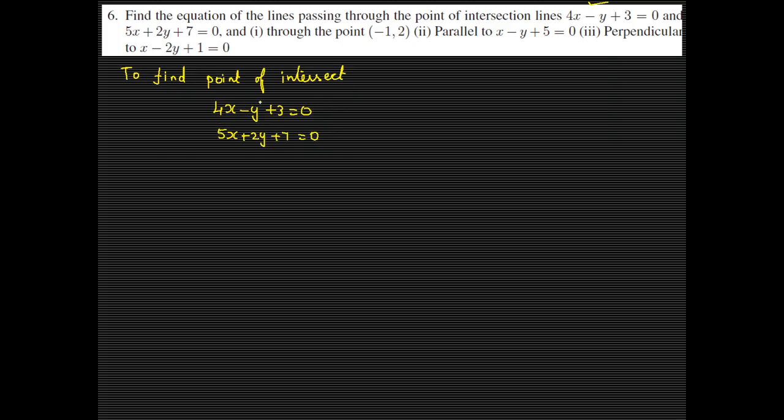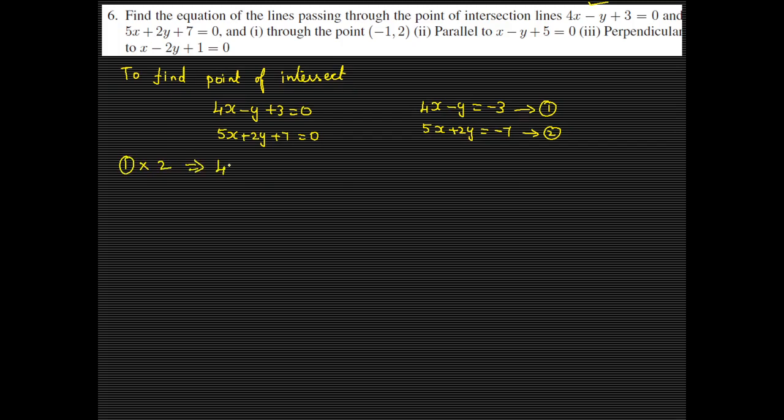So let us rewrite this as 4x minus y is equal to minus 3, and 5x plus 2y is equal to minus 7. I am naming this as 1 and this as 2. I need to cancel one variable, so let me multiply the first equation by 2, since we have 2y in the second equation.